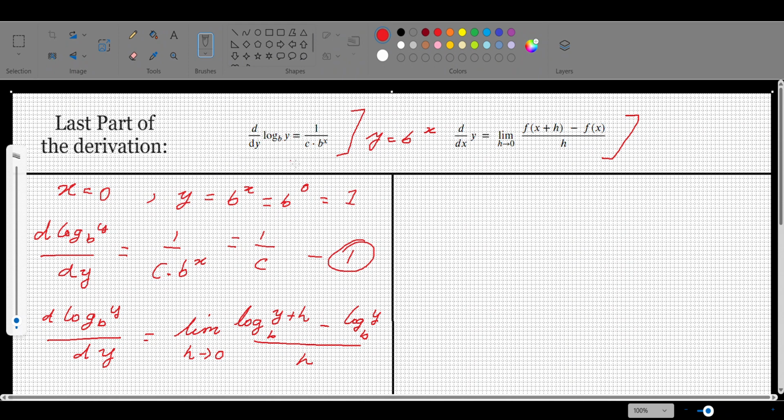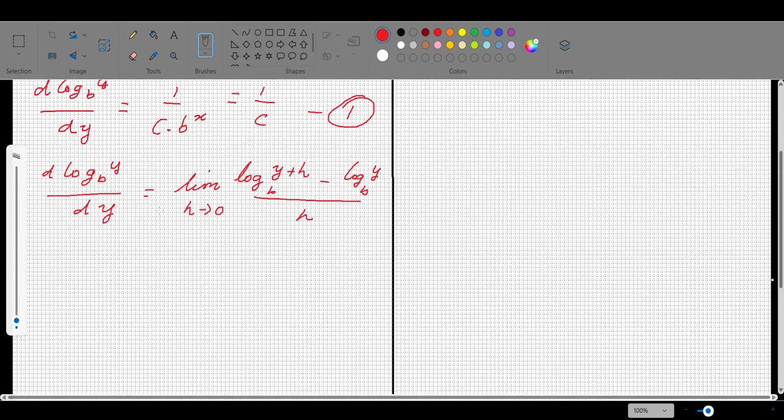Now if we substitute y equals 1 in this case, then this is equal to limit of h tends to 0, log of 1 plus h to the base b minus log of 1 to the base b, divided by h.